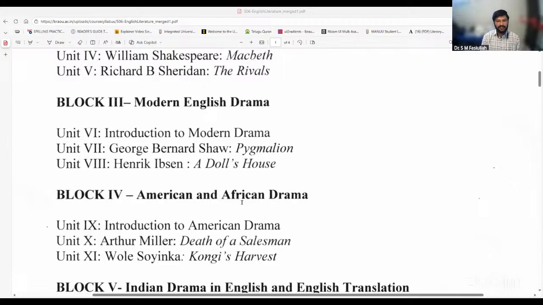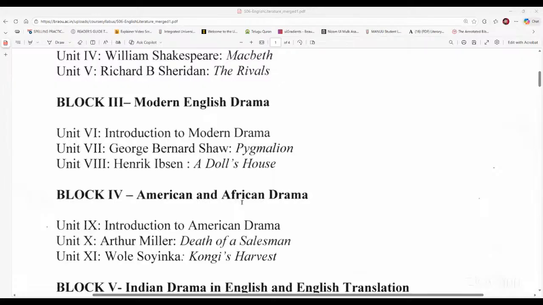After that, we'll move on to block 4 in this course, where we will study American and African drama. Now you see, until the modern period, we have a typical categorization and British classification of the literature corresponding to its history.